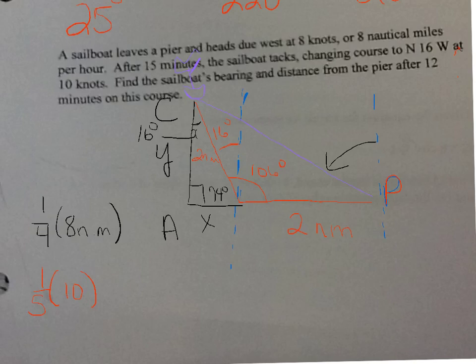Two parallel lines cut by a transversal, opposite interior angles are the same. That may not be the exact way that we state that theorem, but that's pretty close, and that's something you'll use a lot. If you have two parallel lines, the north lines, cut by a transversal, the opposite interior angles are equal. So if this angle is 16, then this angle is 16.